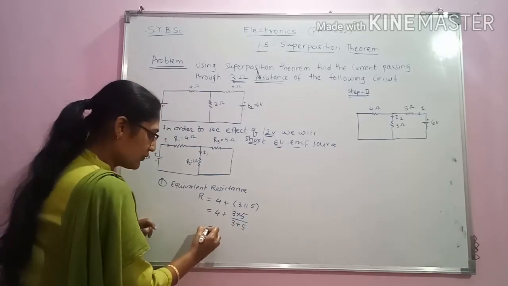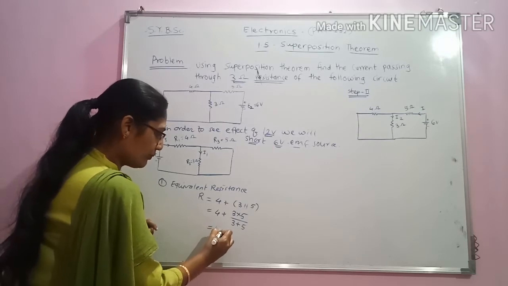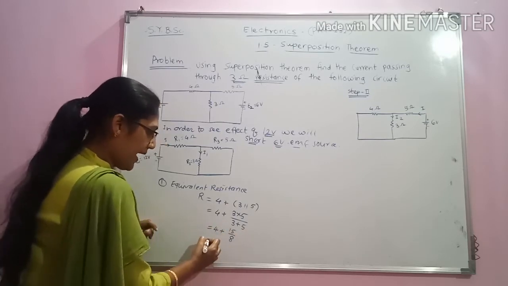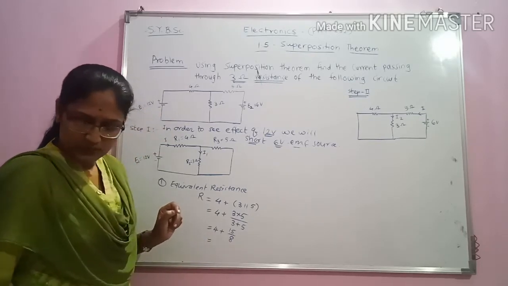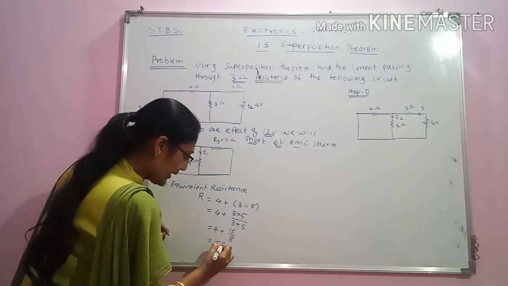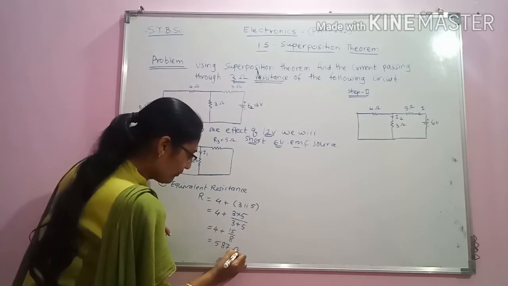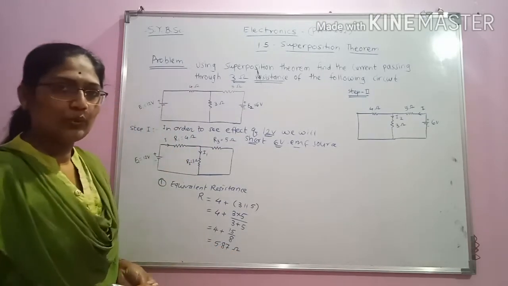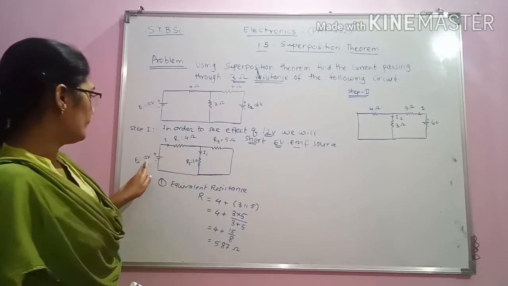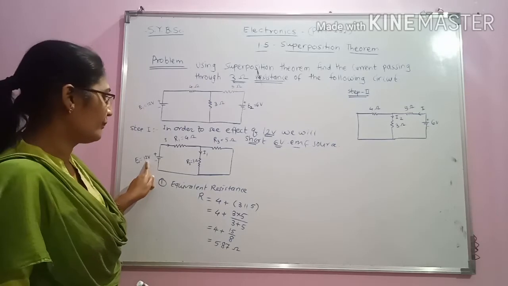So, this will give us 4 plus 15 divided by 8, and on solving this we will get its value as 5.87 ohm. This is the value of the equivalent resistance that we obtained for the 12 volt.